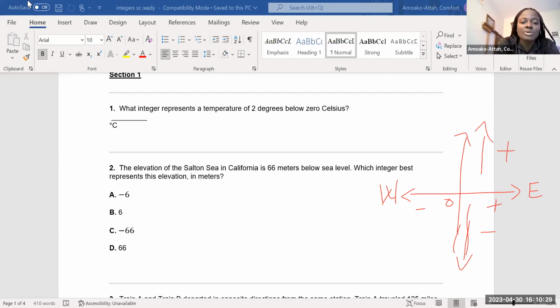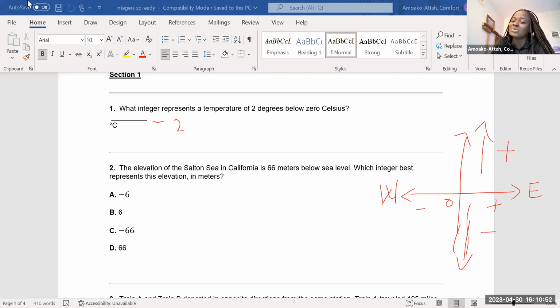So the first answer was what? Negative 2. That's all. So 2 degrees below 0 Celsius would be negative 2.